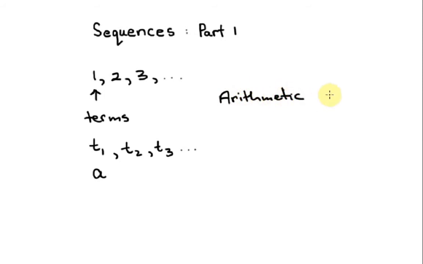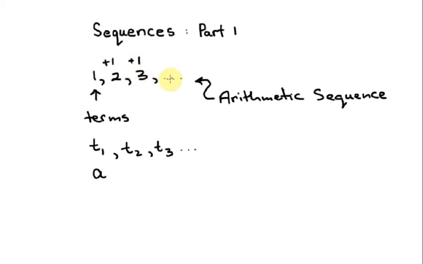So arithmetic sequences, what are they? Well, the one that I wrote there is an arithmetic sequence, this guy here. And the reason it's an arithmetic sequence is because if we look at how we go from one term to the next term, we keep adding 1 each time. So we seem to be adding the same amount over and over.